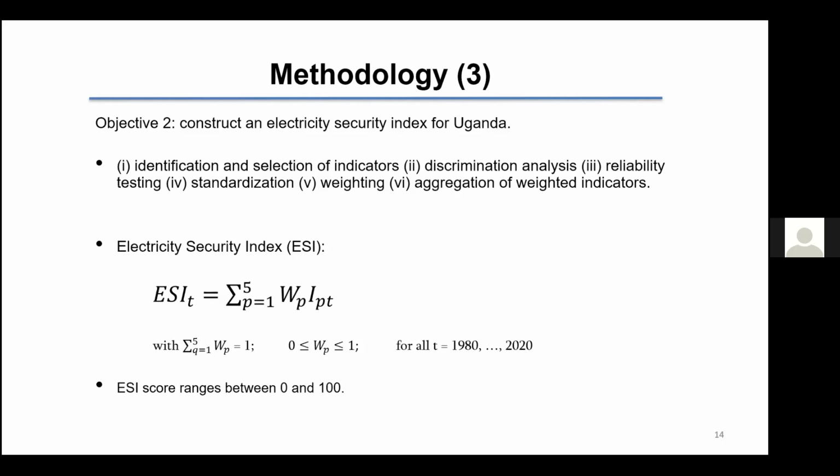The third step is a test of reliability, that the indicators you have selected actually measure what you are claiming to measure. Then 4 is the standardization, or what statisticians call normalization, because all these indicators don't come in the same measure or units. Others might be in monetary terms, others might be in other units, which requires this.